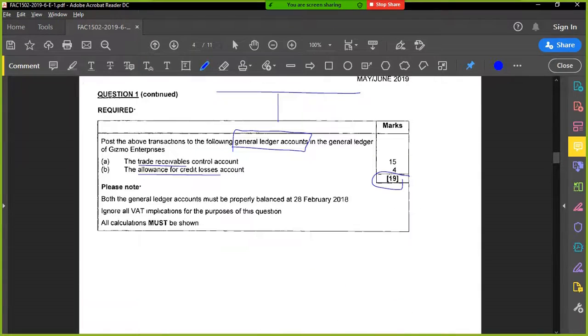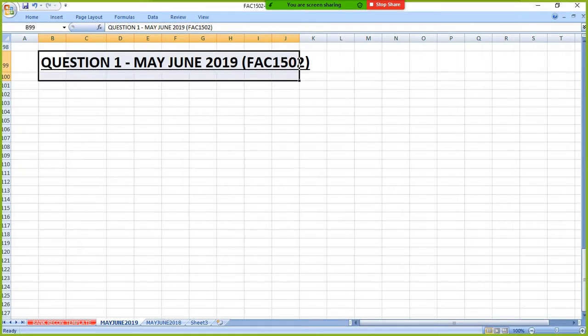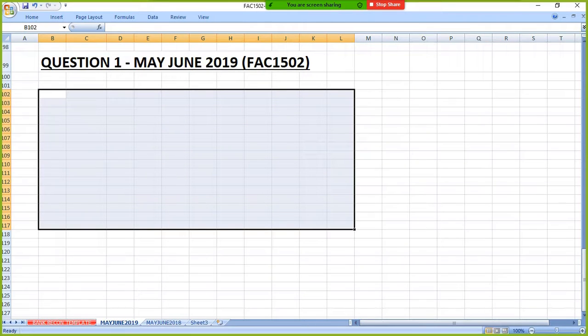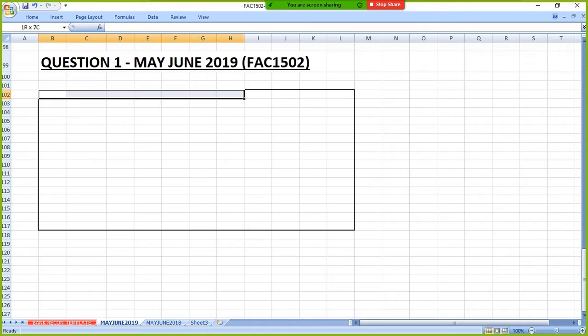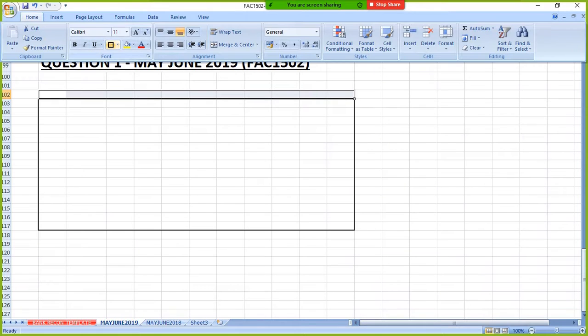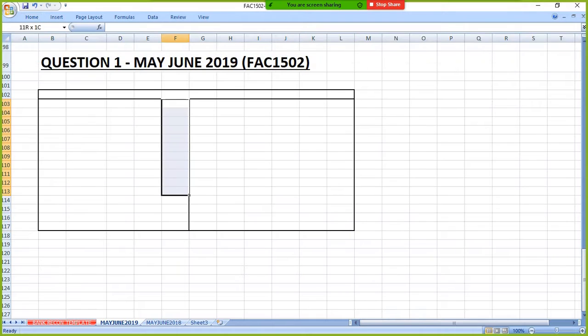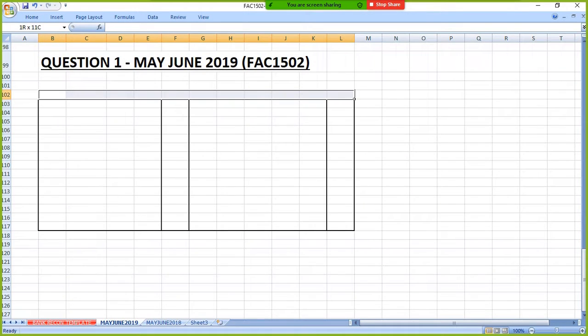Okay, so this is the exam technique. Go to your answer sheet. Draw up those two accounts. This is the section that I didn't understand at all. Okay, yeah, you just need to go back and look at the content, or you just need to practice and follow with me.